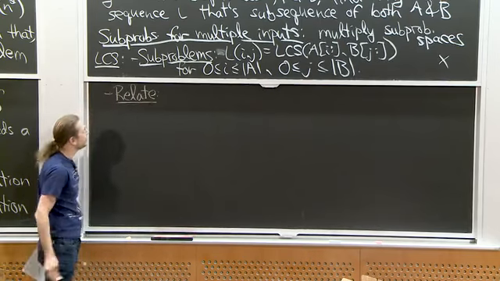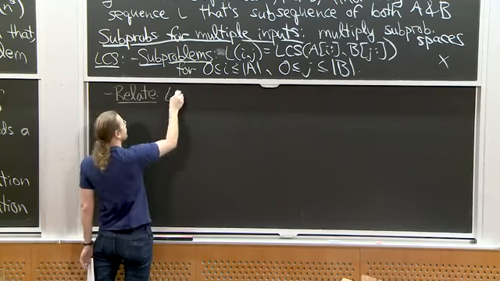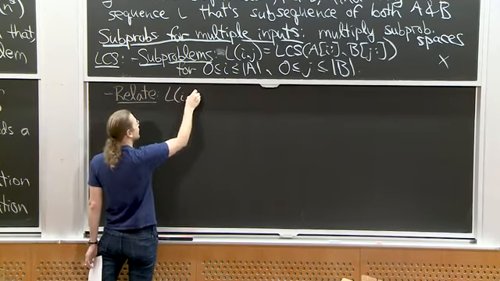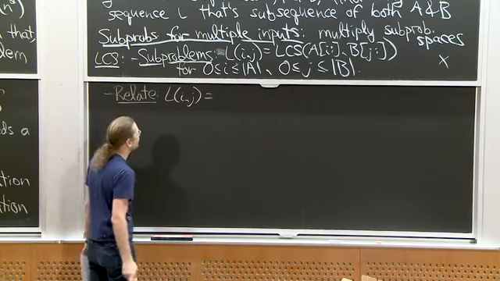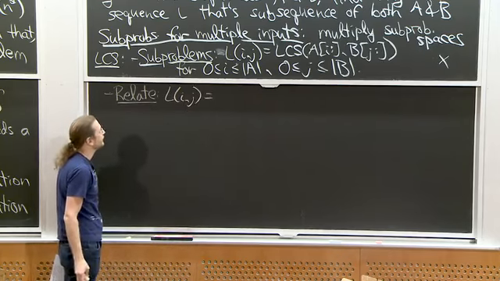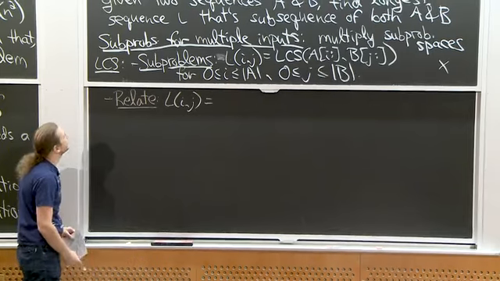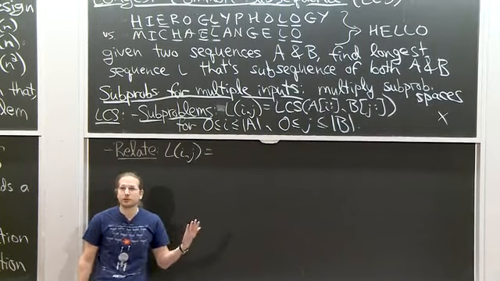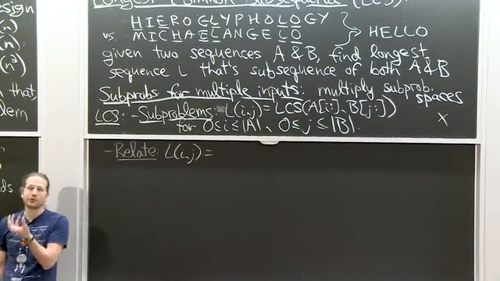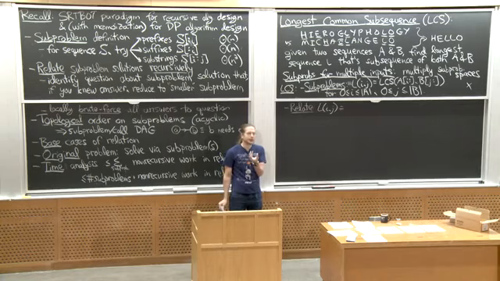Now I claim that that set of subproblems is enough to do a recursive relation among them. So I'd like to solve every subproblem L i, j. The relation is actually pretty simple, but it's maybe not so obvious. The idea is, because we're looking at suffixes, we should always think about what happens to the first letter.